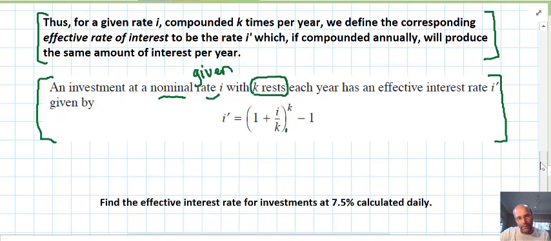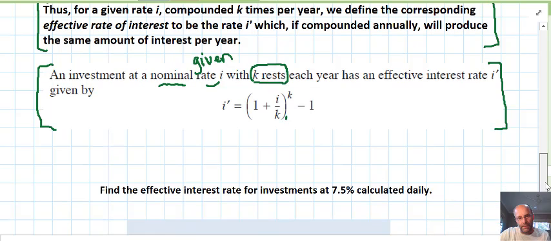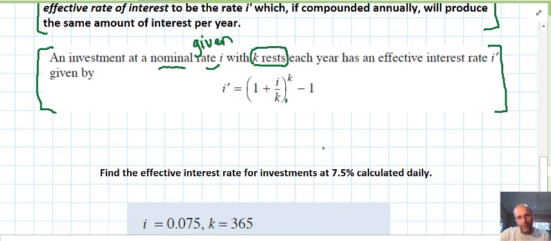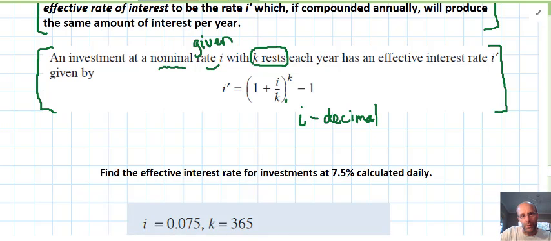Find the effective interest rate for investments at 7.5% calculated daily. So we need to identify k and i. So i needs to be written as a decimal. Make sure you realize that, just like with the compound interest formula, its input needs to be a decimal.